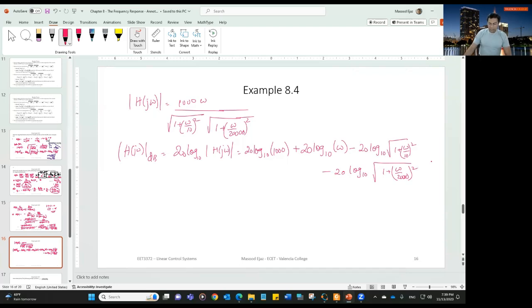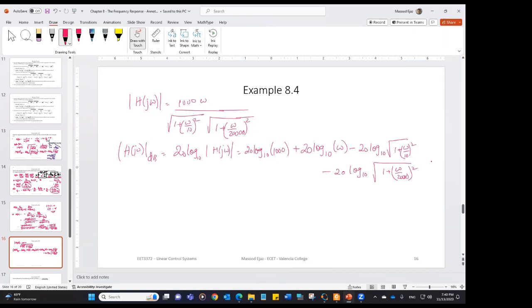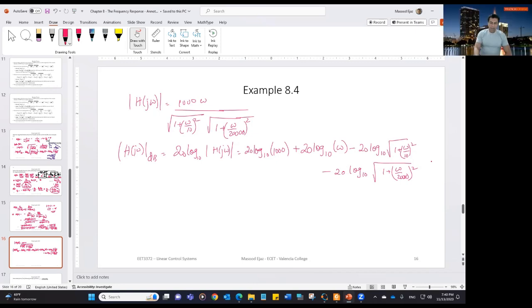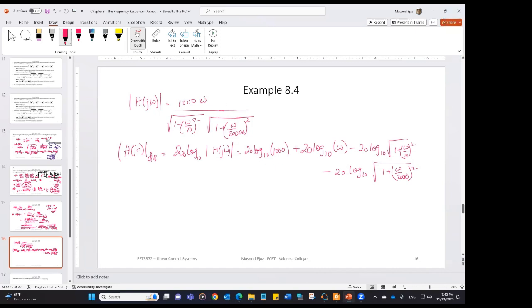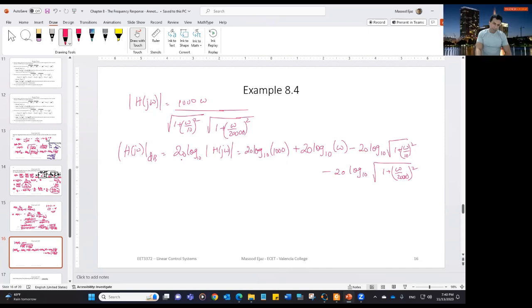Now, who didn't get this expression? How did I apply the log on that and write that expression? Is that clear? Could you explain that one more time, please? So how did I write this expression, the bottom decibel expression? We are converting this into decibels, so 20 log to the base 10 of the magnitude.